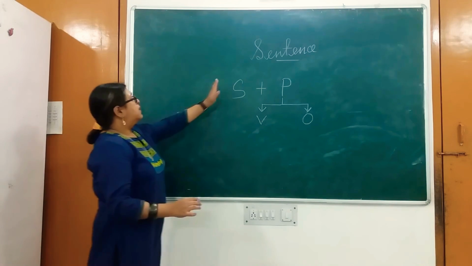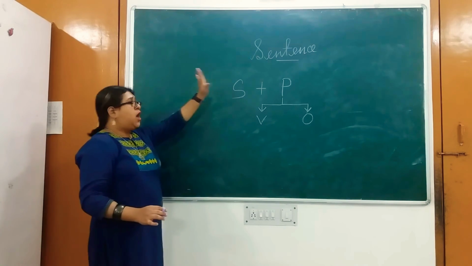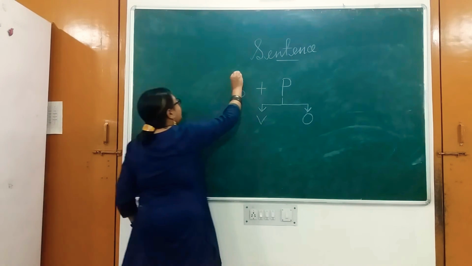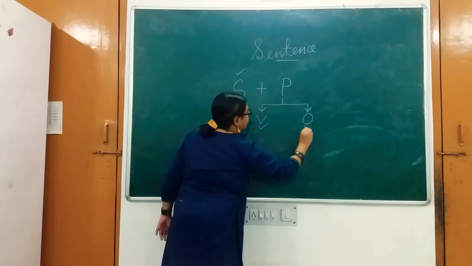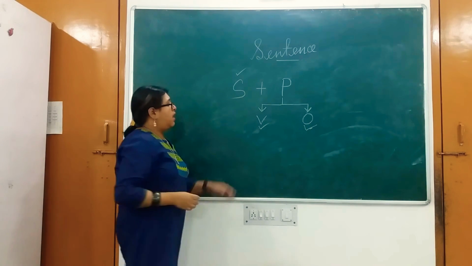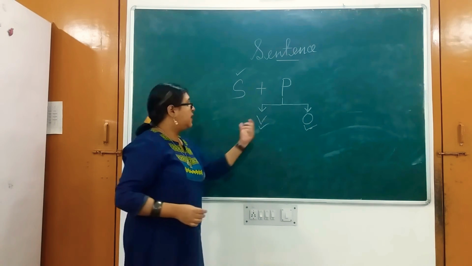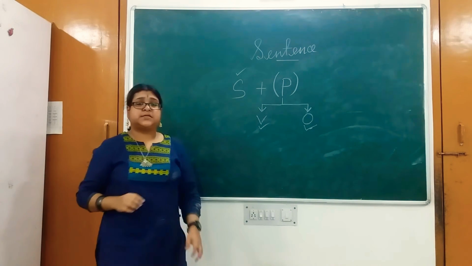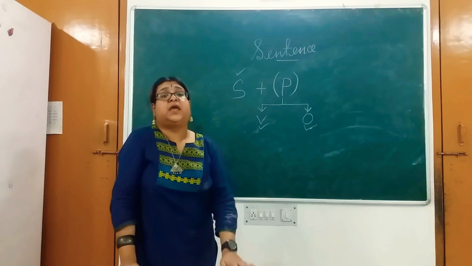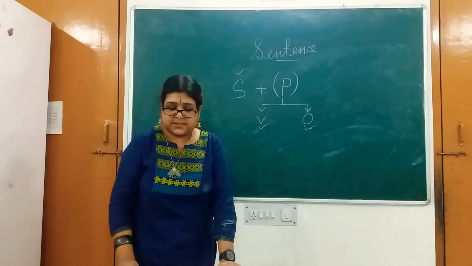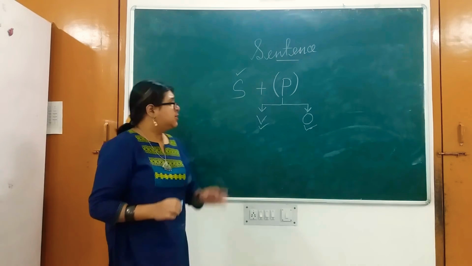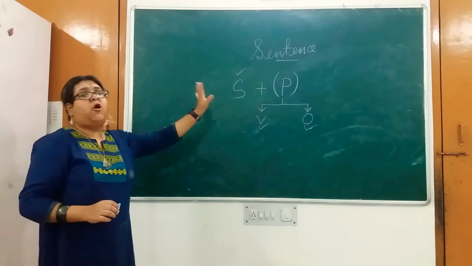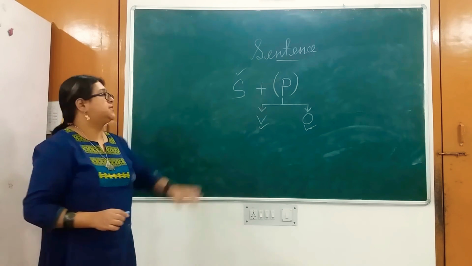So basically, the structure or the three basic elements of a sentence are subject, verb and object, which again come under the component or the element of predicate. Alright, so this is the basic structure of the English sentence.